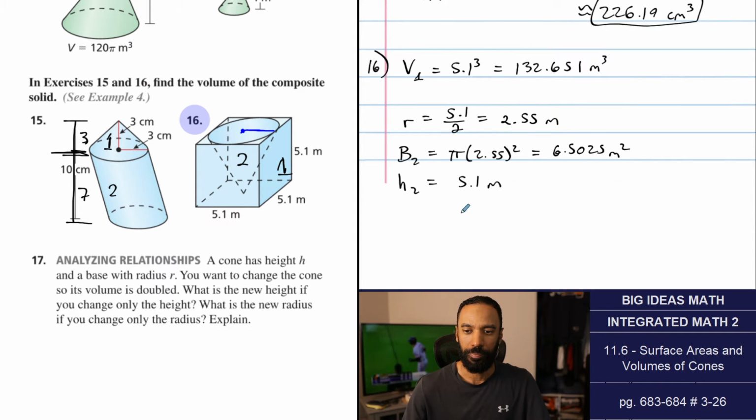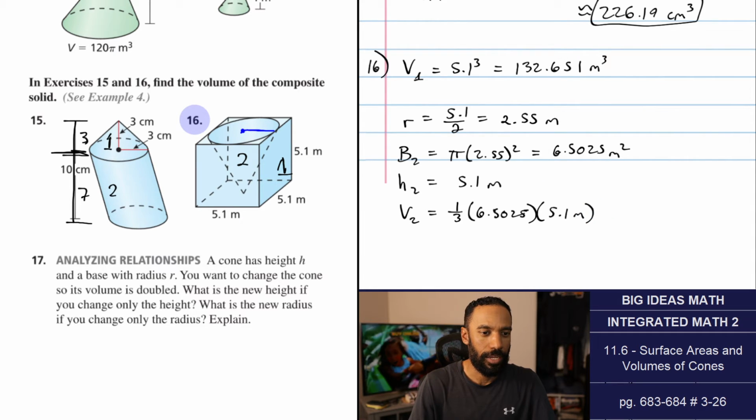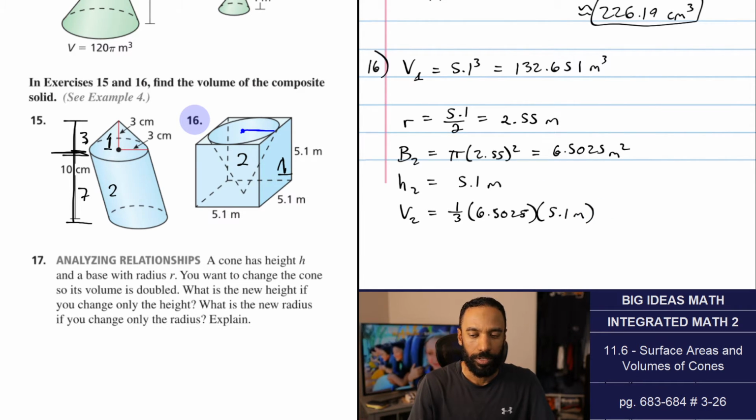So the volume of object 2, it is a cone, so 1/3 area of base times height. Do I expect it to be very clean? No. Oh, hold on.